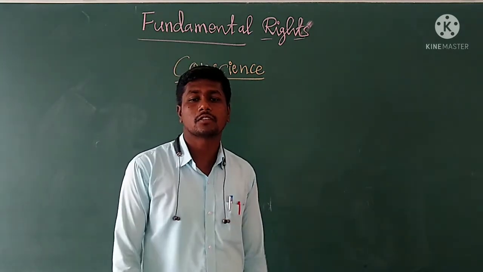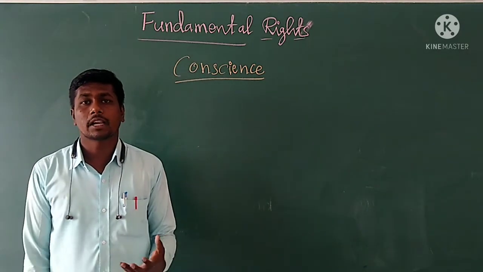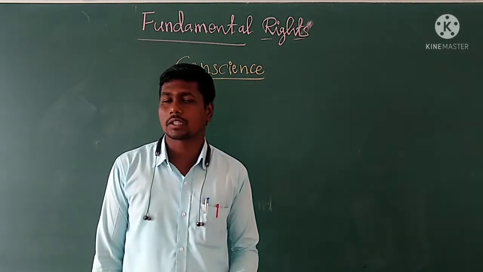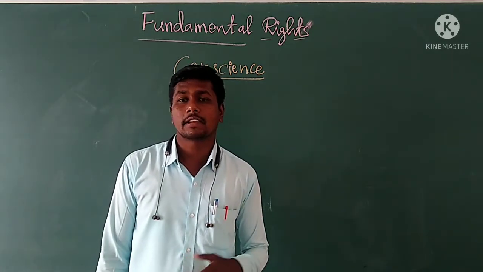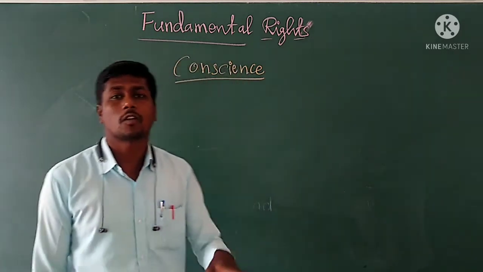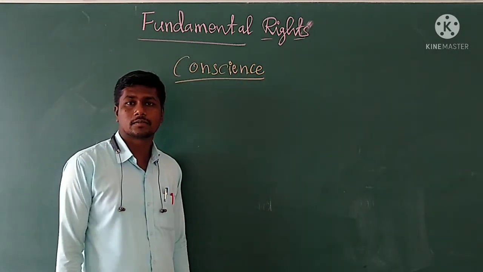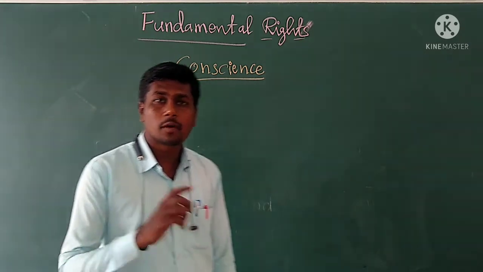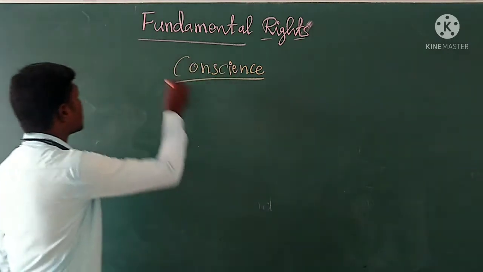See here, this is what we call fundamental rights. One important point we can understand here: fundamental rights are very important, as you all know, to protect ourselves from others and from the exploitation of the government. Correct? Two important objects I would like to tell about the fundamental rights.